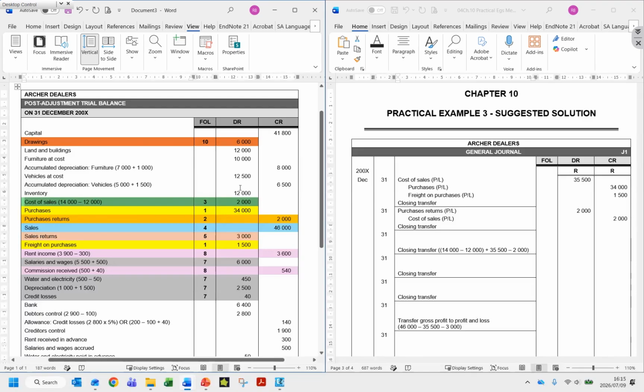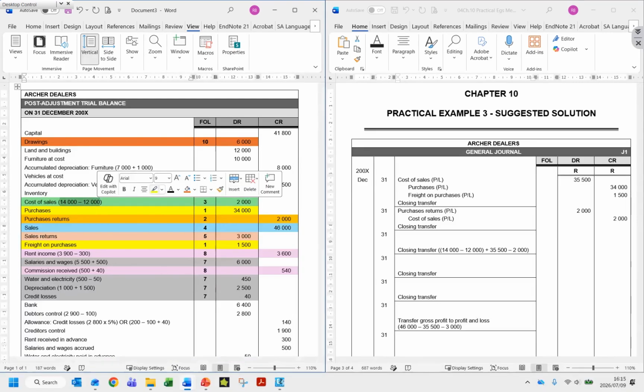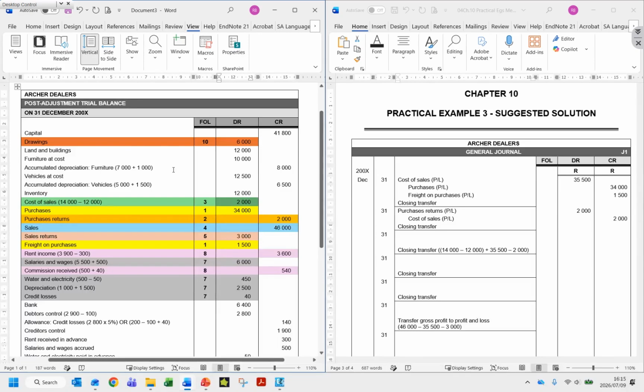In the post-adjustment trial balance, we already have the opening inventory and the closing inventory that we did in practical example 1. We already have them transferred to cost of sales. That gives us a balance so long of 2,000 Rand on the debit side. We debited cost of sales with 14 and we credited cost of sales of 12. If you balance that, you have a debit balance of 2,000 Rand.